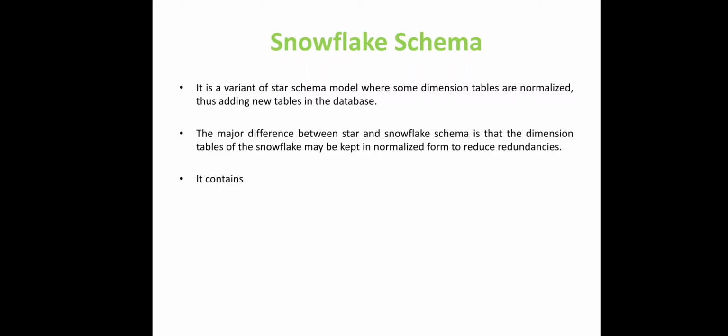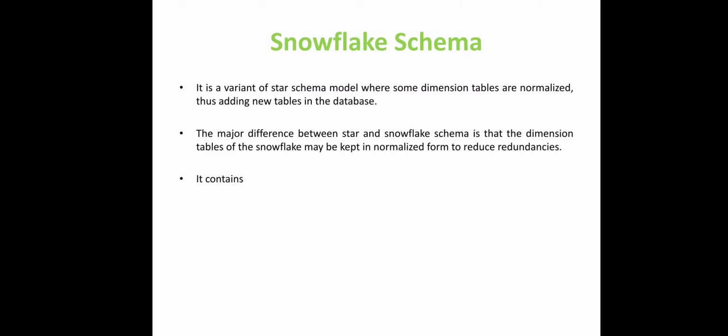So, we are working on the dimension table. We are normalizing these dimension tables and then further splitting them into additional tables. We will consider some attributes from a dimension table and then split those attributes into other tables. This we are going to do in the snowflake schema.